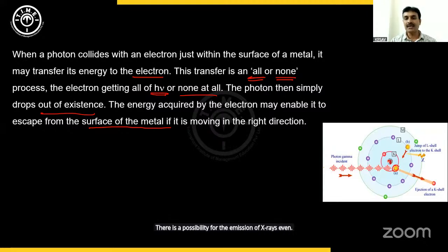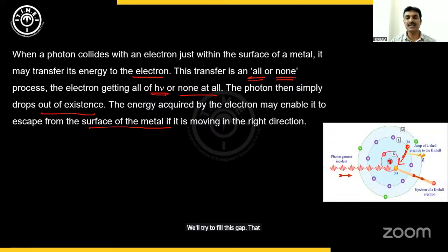See, for example, if this electron is released from this shell, the K shell, a gap is created here, right? Electron is released from this position. Now, a higher energy level electron from this position will try to fill this gap.